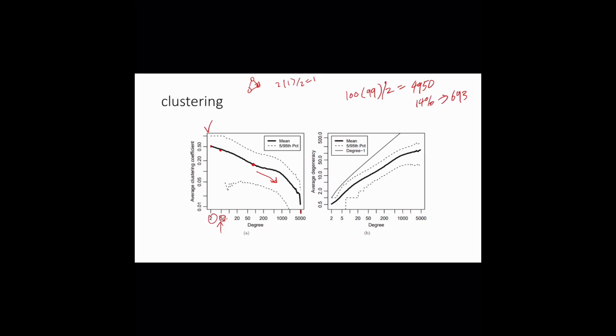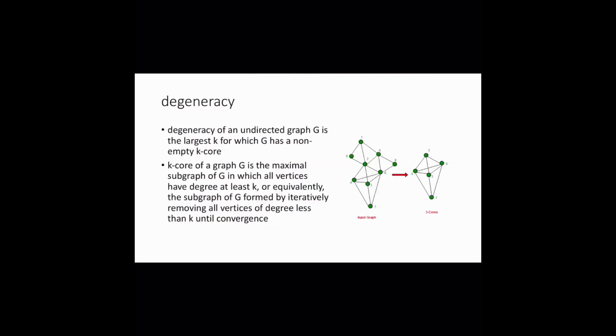So degeneracy basically is a measure of sparsity or density, which is the same thing except in an opposite direction, I suppose. So formally, degeneracy of an undirected graph is the largest k for which the graph has a non-empty k-core, and the k-core is the maximal subgraph of G in which all vertices have degree at least k.